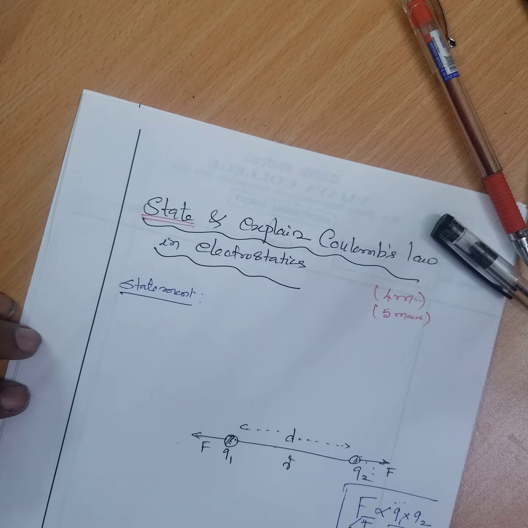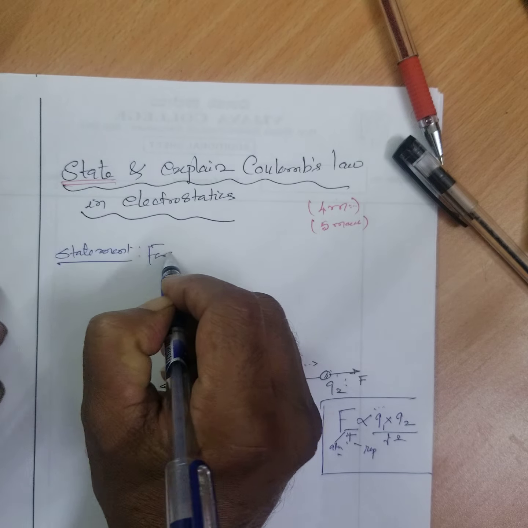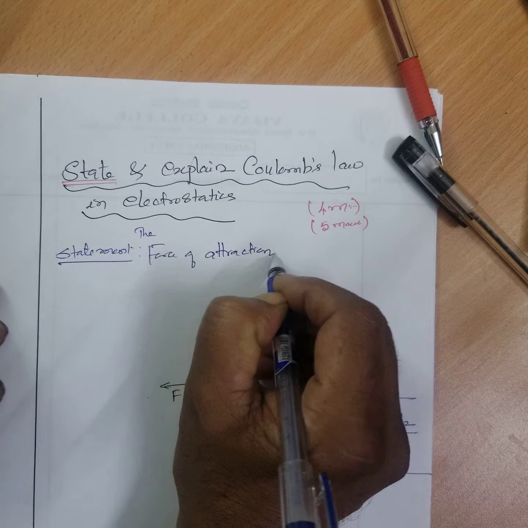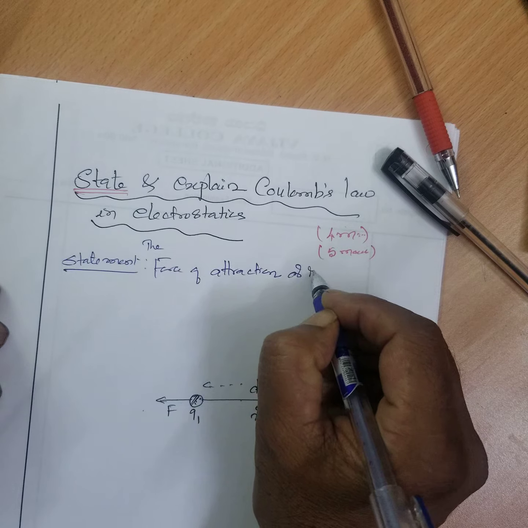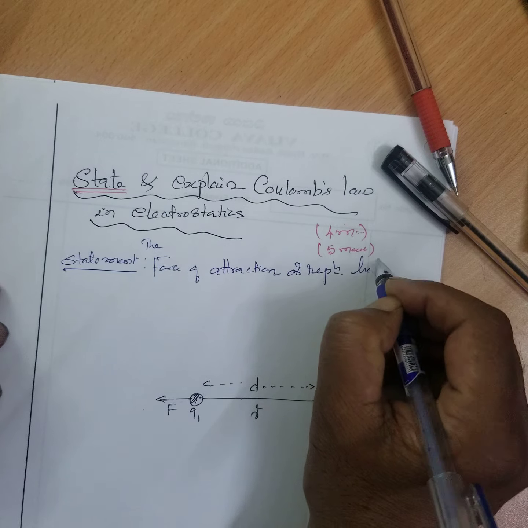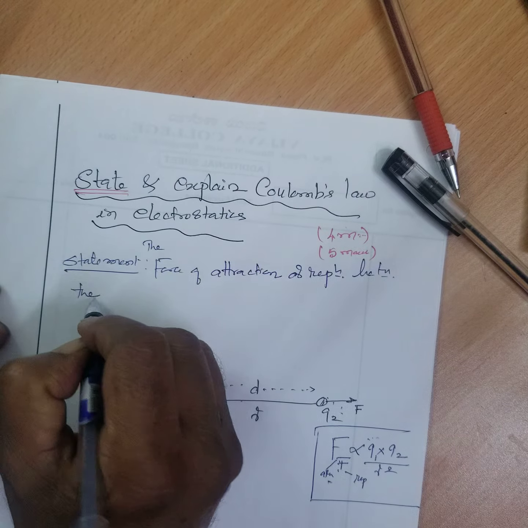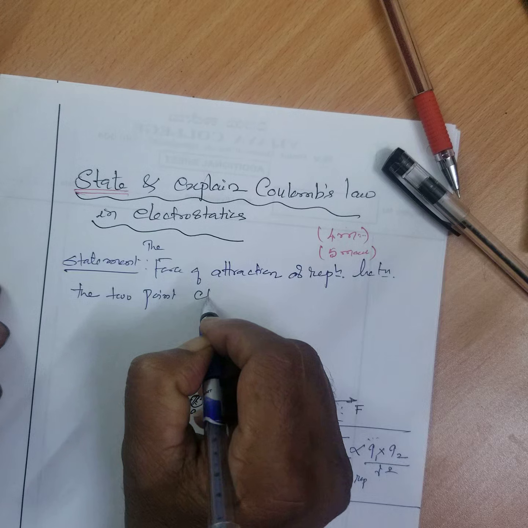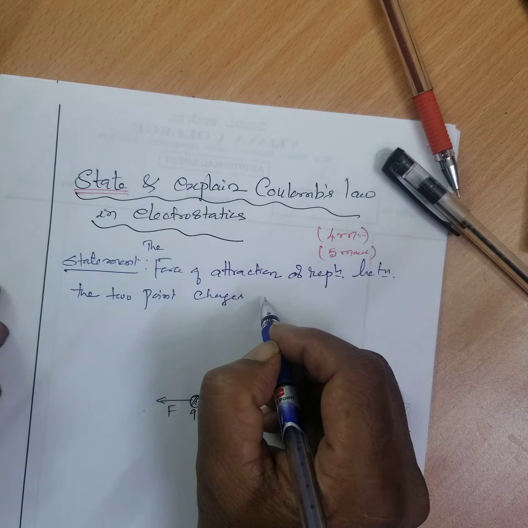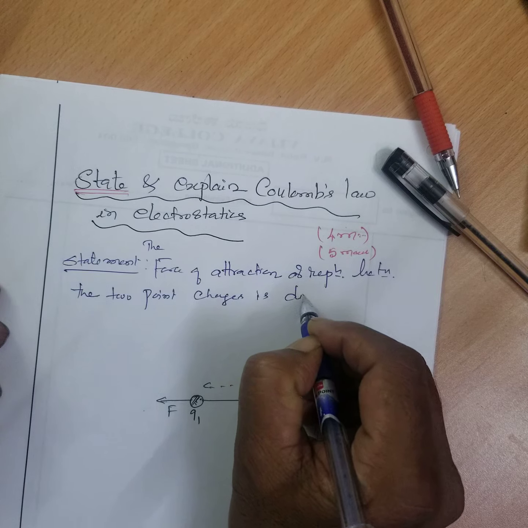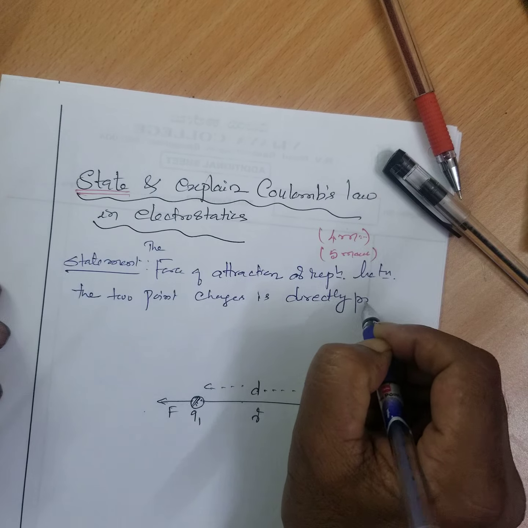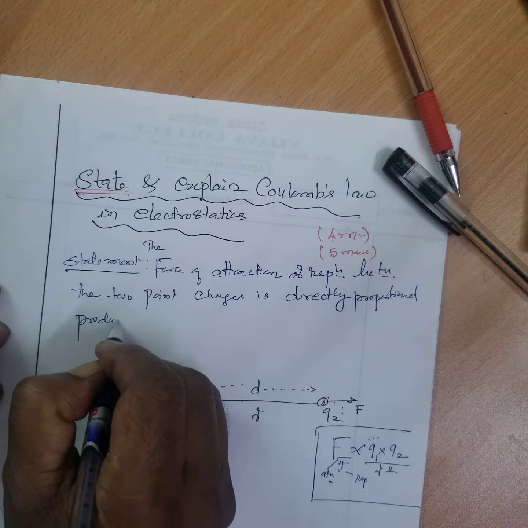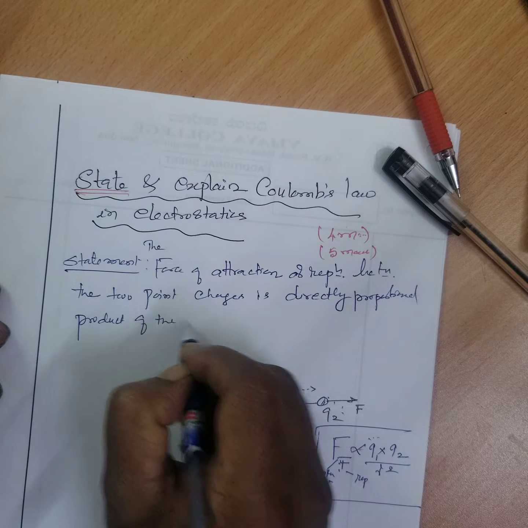That means the force of attraction or repulsion between the two point charges is directly proportional to the product of the magnitude of the charges.